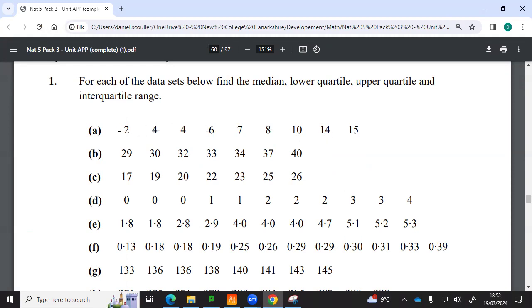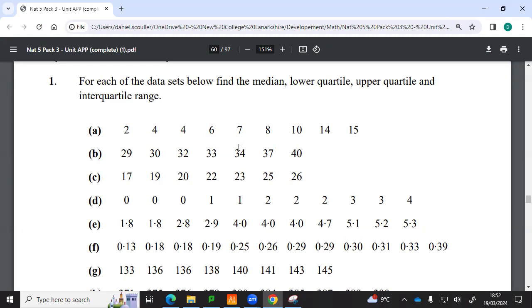Because there's 9 numbers: 1, 2, 3, 4, 5, 6, 7, 8, 9. Because there's 9 numbers in question A, your quartile range would split 2 of those figures. That's the only bit I'm struggling with, how many numbers determines that.